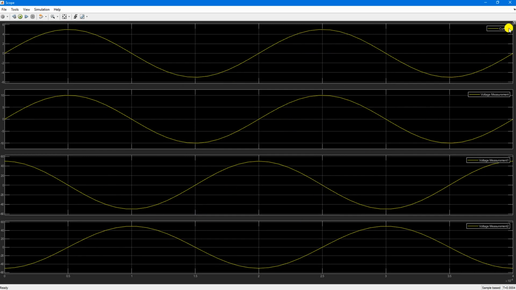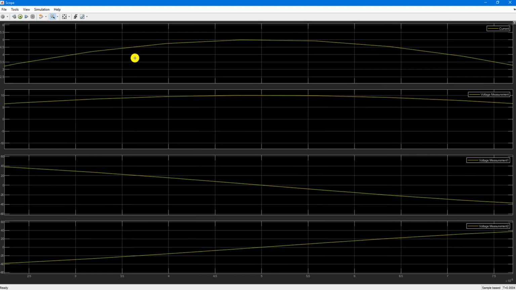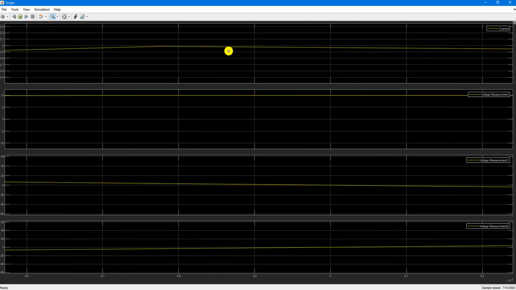So the first one is the current of the circuit. Now if you look at the current, since we have an AC source, it is a sinusoidal wave. Now what is the value of the current in resonance? You can see that the peak value here is 5 ampere.